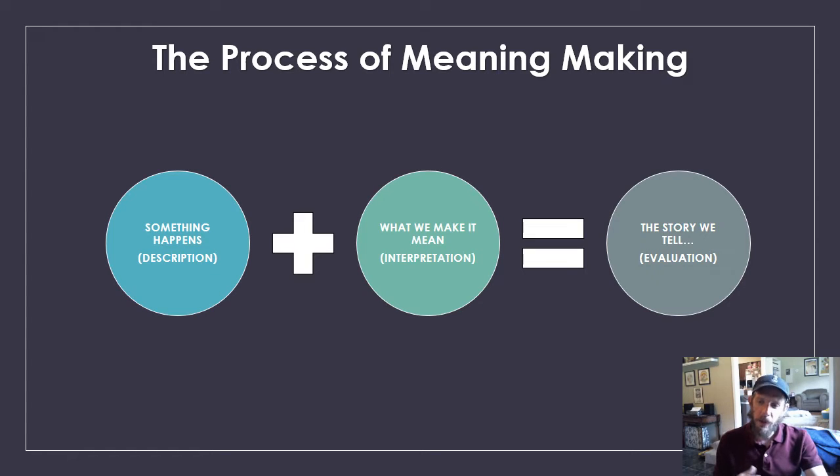But then what happens is we take that interpretation and we make it the truth. Right? So the story that we tell, the evaluation about what happened, becomes what happened. If it doesn't make sense now, hopefully it will soon.